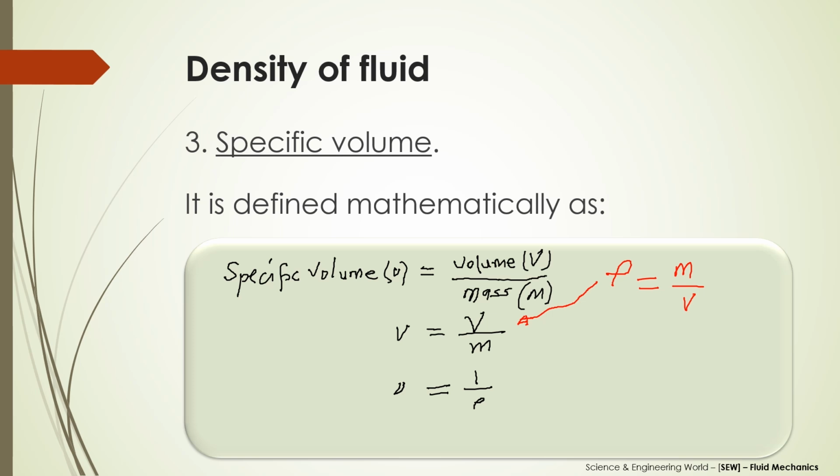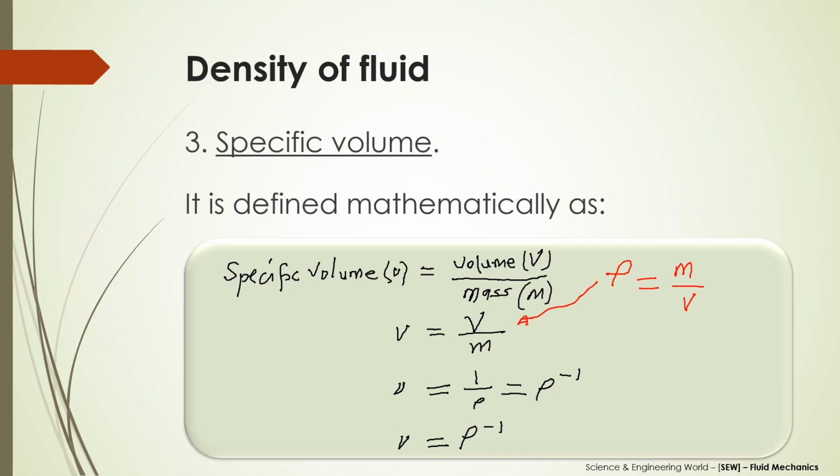Or write this as rho to the power of minus 1. So our specific volume is now equal to rho to the power minus 1.